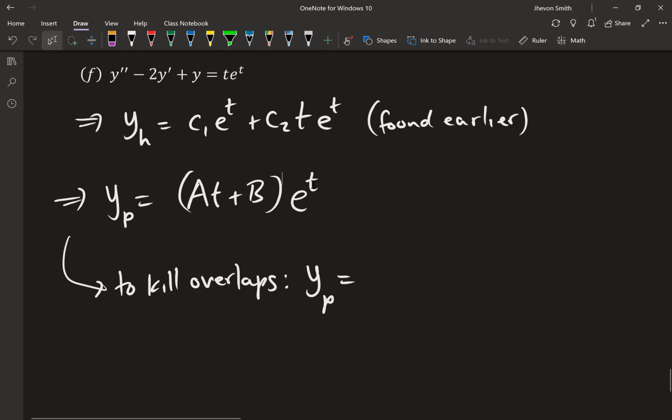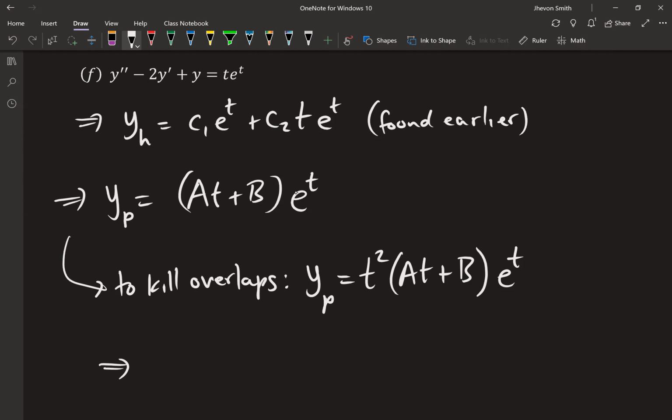So if I multiply by t, I would get a t squared and a t here. I need to multiply by t squared to kill all overlaps. So here, my YP would look like (At cubed plus Bt squared) e to the t.